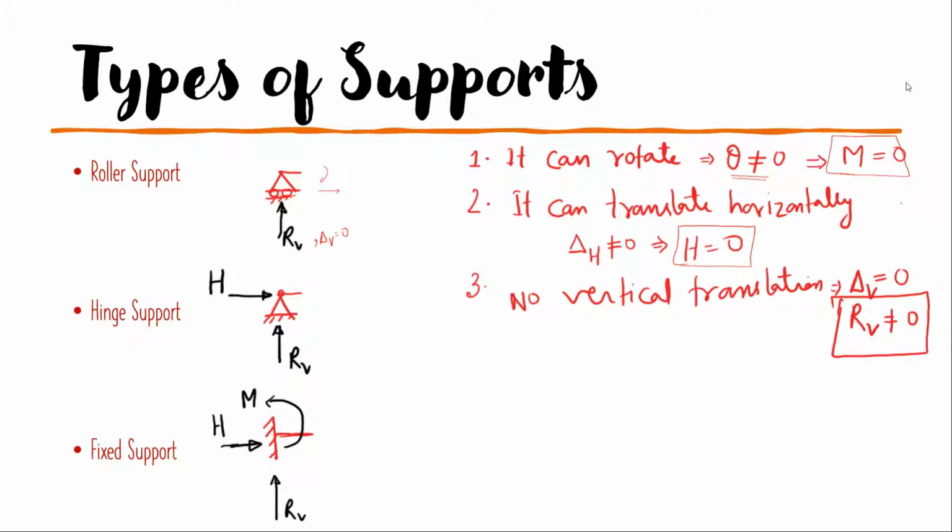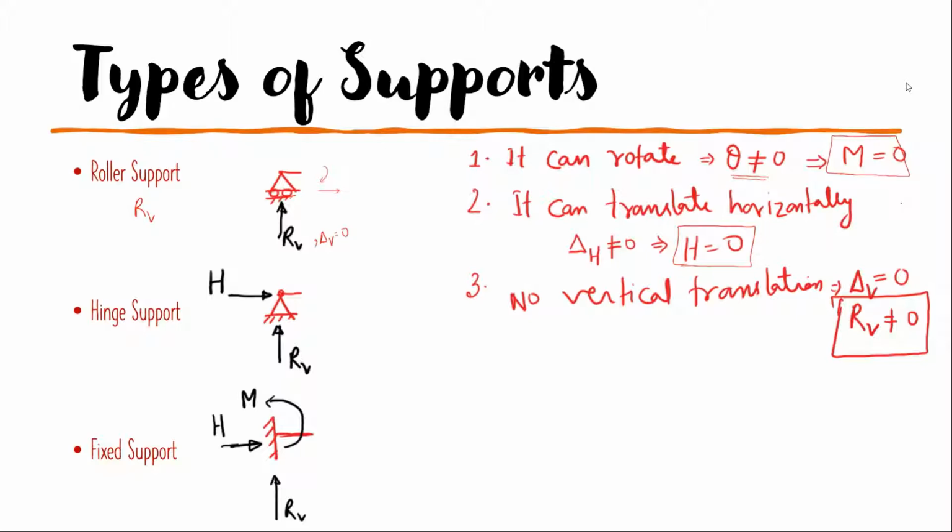But it cannot move in the vertical direction, so delta V is 0, and therefore a reaction is possible in the vertical direction. So only one reaction is available here, that is RV.